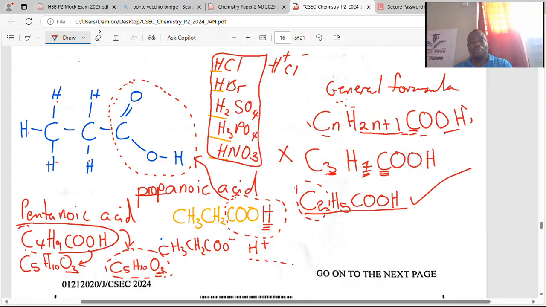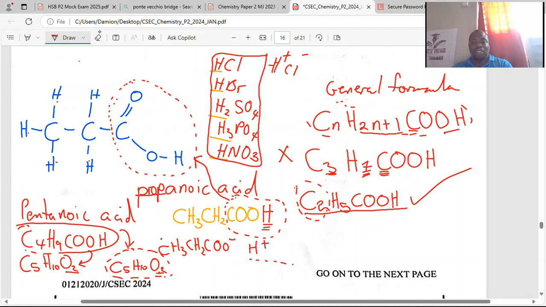If the compound, like pentanoic acid that we just did, had 5 carbons, we use 4. That is critical when applying the general formula because it will affect the amount of hydrogens you have.